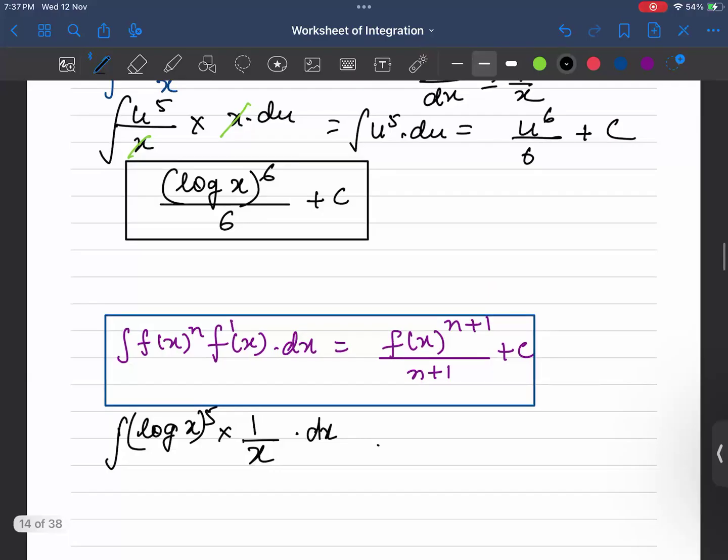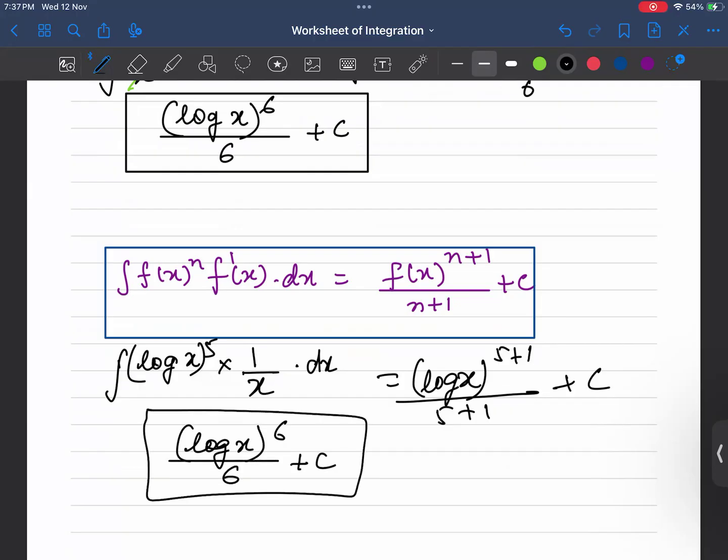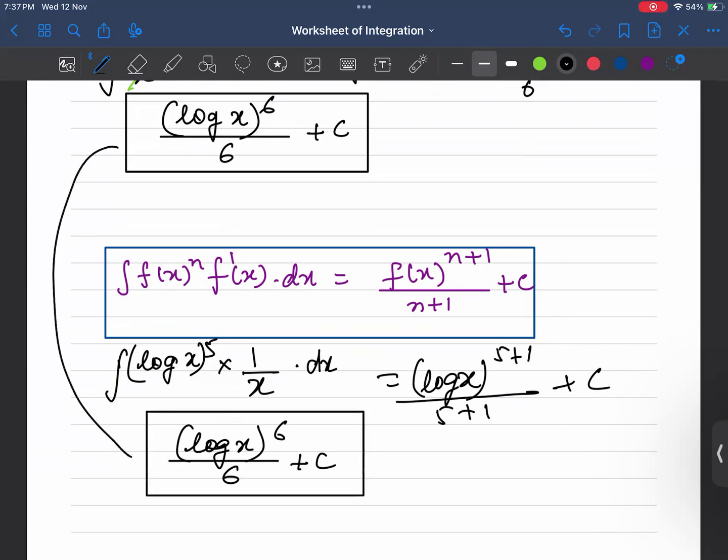I put the function, log x, with n as 5: n plus 1 upon 5 plus 1, plus c. So log x to the power 6 divided by 6 plus c. You can see directly the same answer, whether you solve it by substitution or directly by the formula. It's one and the same thing.